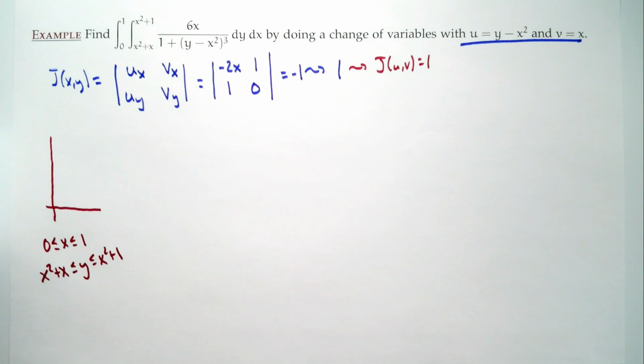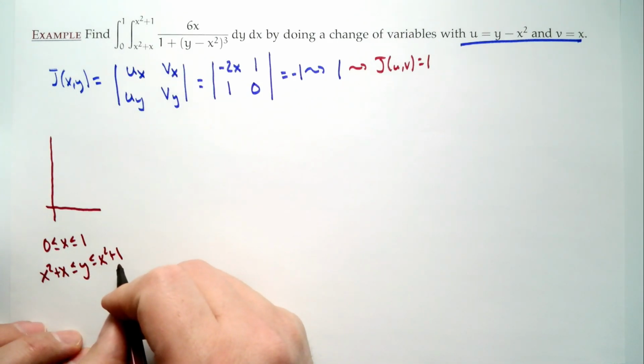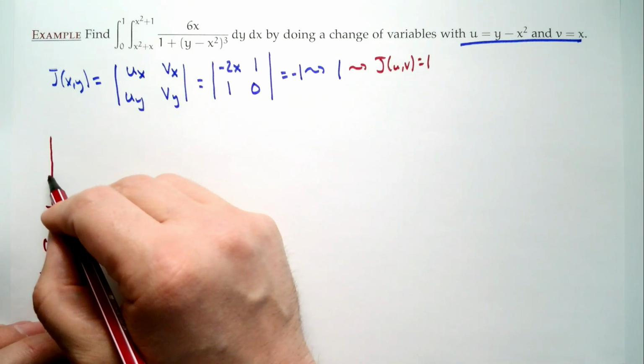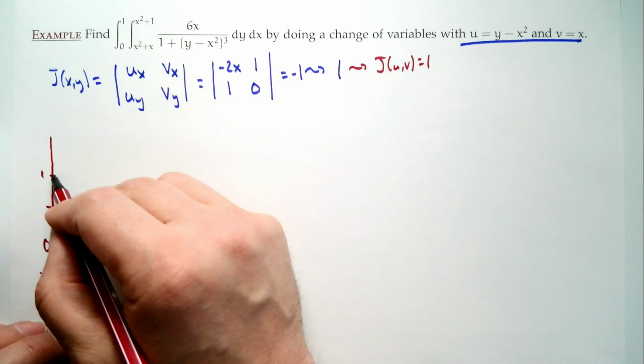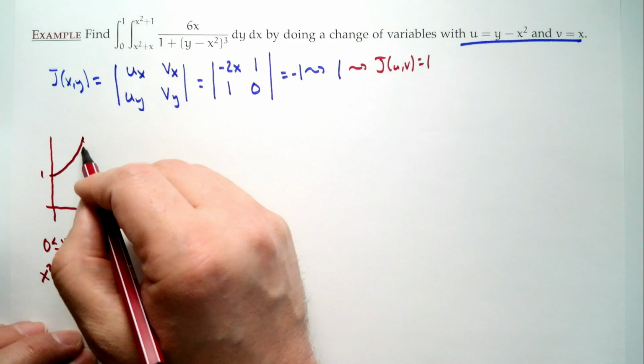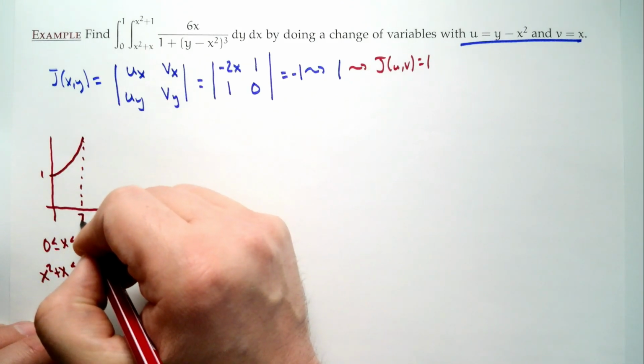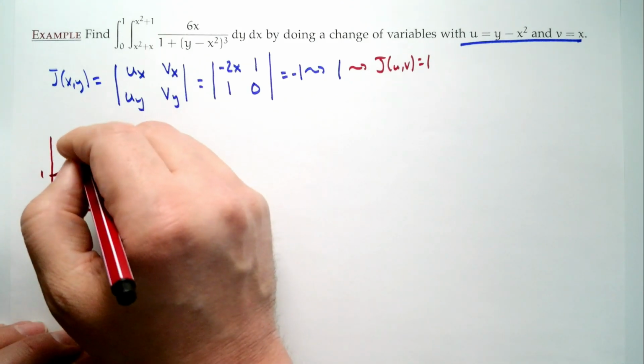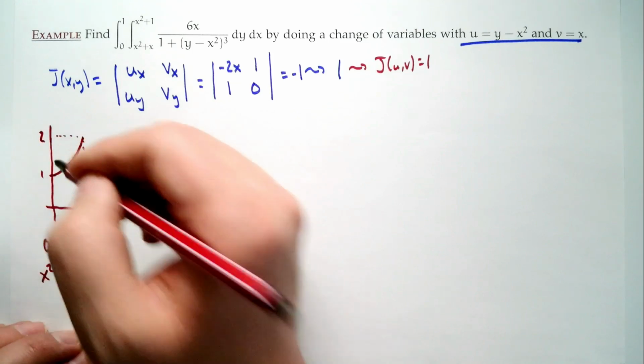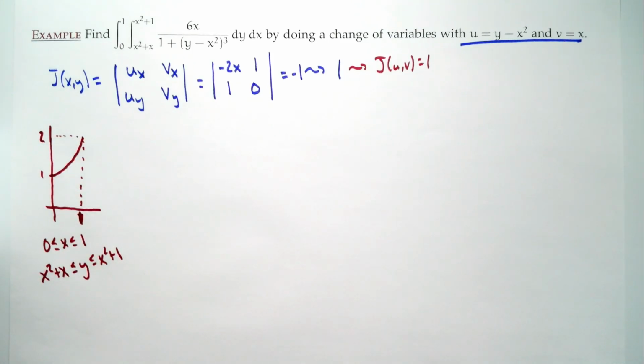Now x squared plus 1 is a parabola that's been shifted up by 1. So that one's pretty easy to draw. So I come up here to 1, and I'm going to have a parabola going up, and here is 2. Sorry, here's 1, or I meant 2. 2 is over here. All right, so that's that parabola.